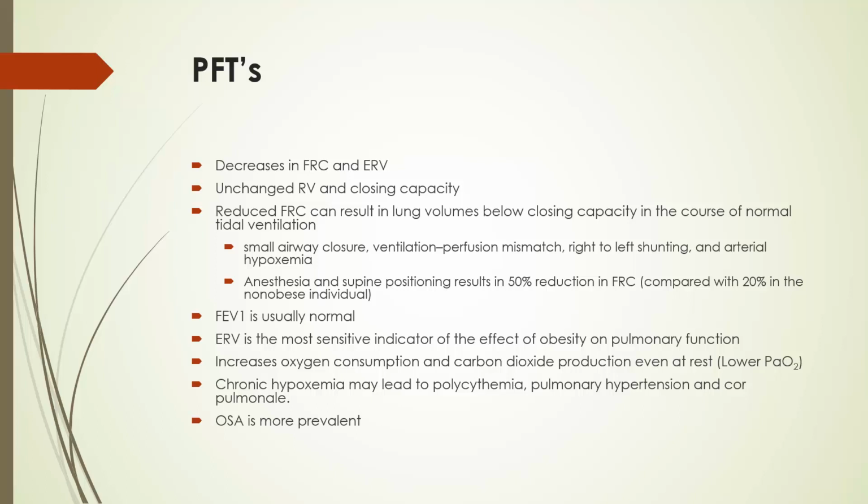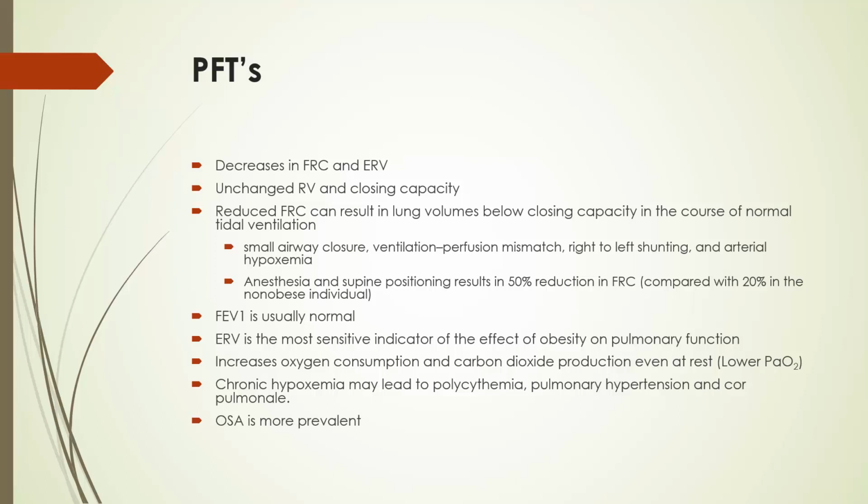That's commonly tested. Reduced FRC from the decreased expiratory reserve volume can result in lung volumes below closing capacity in the course of normal tidal ventilation. So you get small airway closure, ventilation perfusion mismatch, right to left shunting, and you get arterial hypoxemia. Anesthesia and supine position worsen this situation.